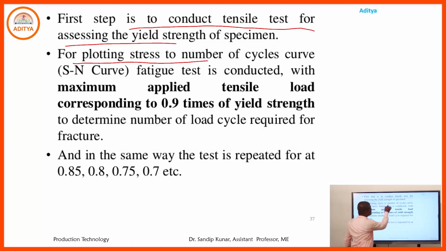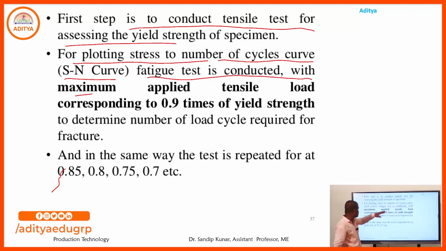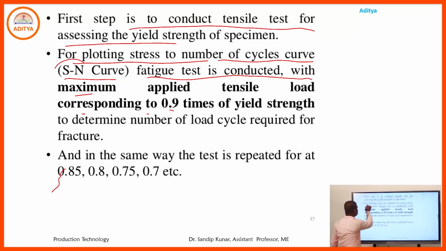Then we plot the stress versus number of cycles curve, which is called the SN curve. The fatigue test is conducted with a maximum applied tensile load corresponding to 0.9 times the yield strength to determine the number of load cycles required for fracture. Using that data we plot the SN curve, and from it we determine the yield strength and also some other data from the fatigue test.